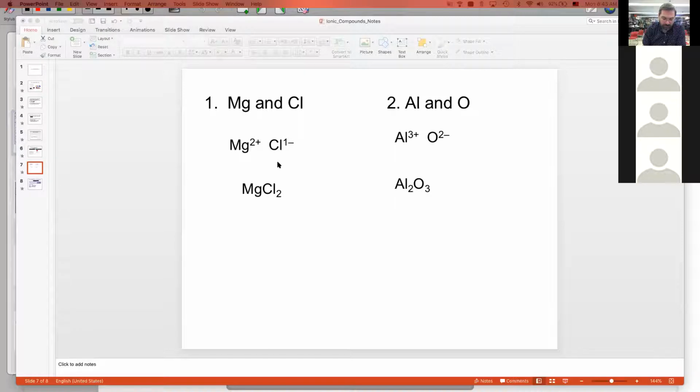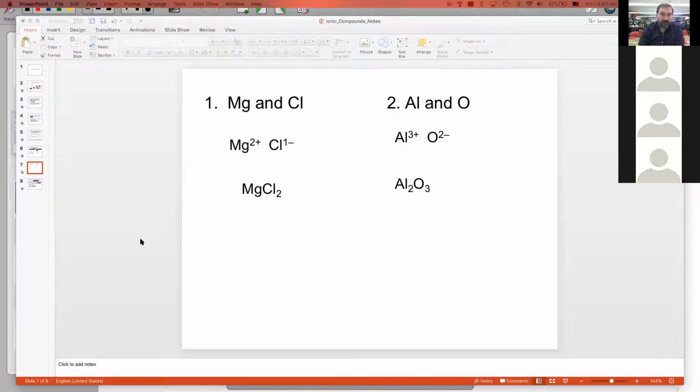But the other method is that cross-down method, where if you have a charge of 2 for the magnesium, that's how many chlorines you would need. And whatever the charge for the chlorine is, that's how many magnesiums you would need. So whenever the compound magnesium chloride forms from magnesium and chloride ions, for every magnesium, there have to be 2 chlorines, and the formula is MgCl2.